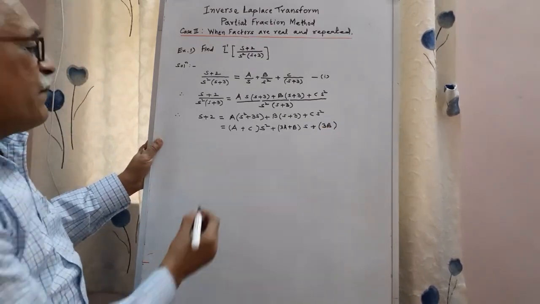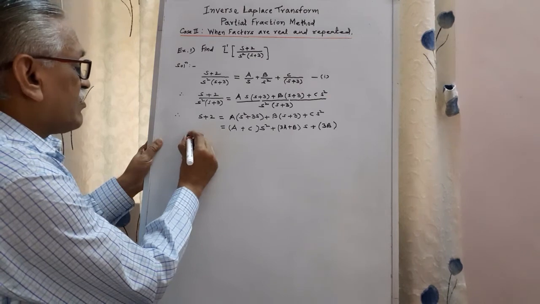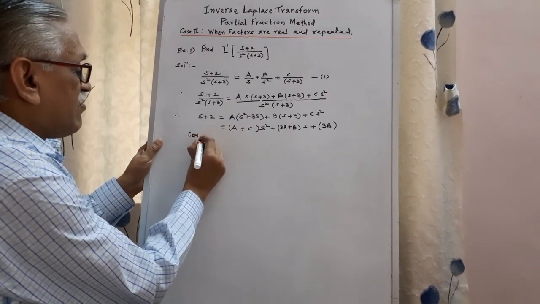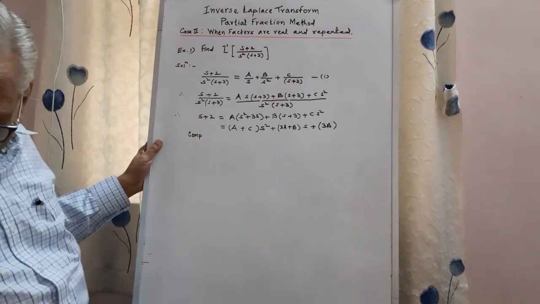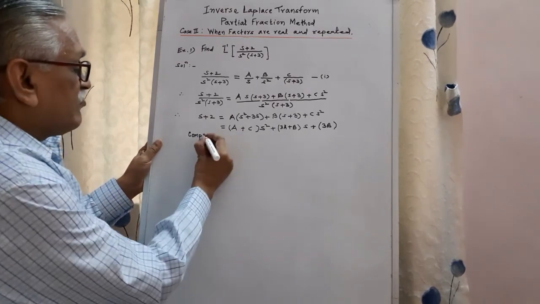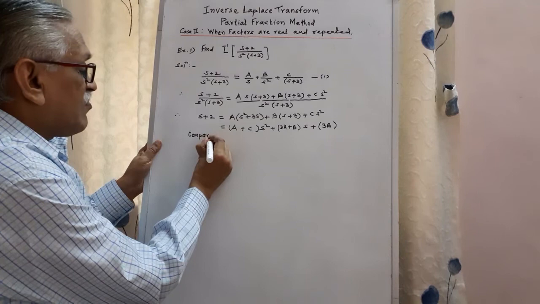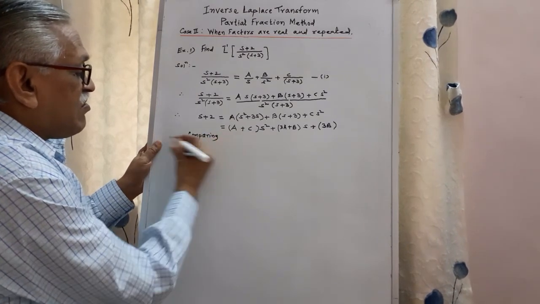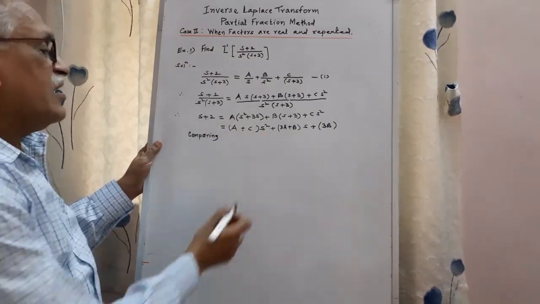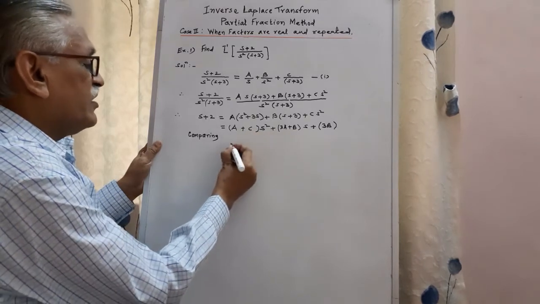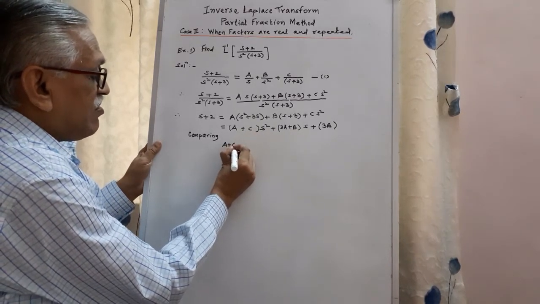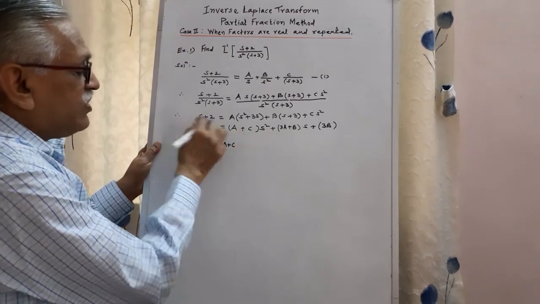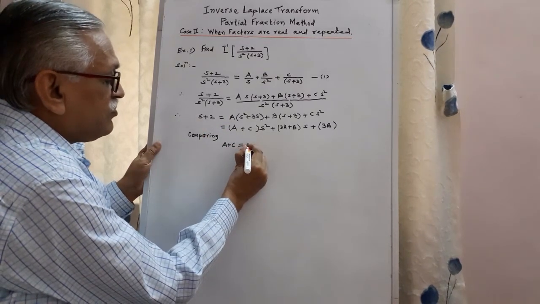And then comparing the two sides. Here the coefficient of s square is A plus C, and there is no term of s square on the other side, therefore it equals 0.